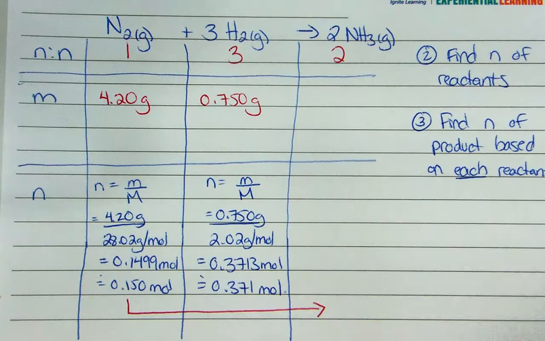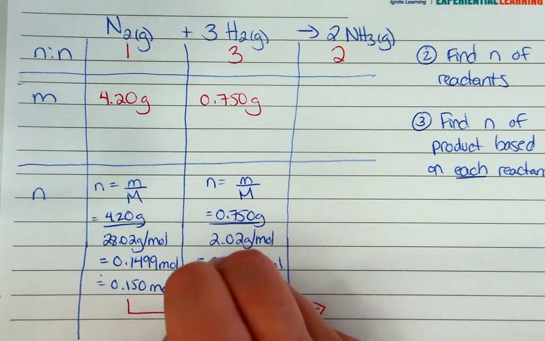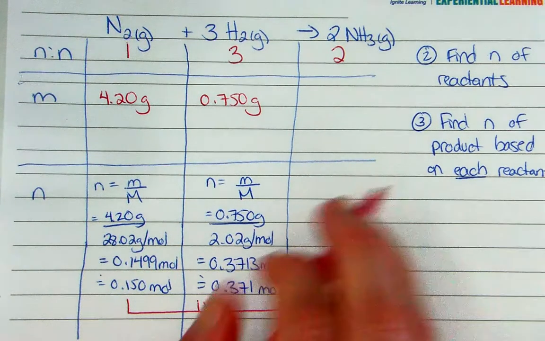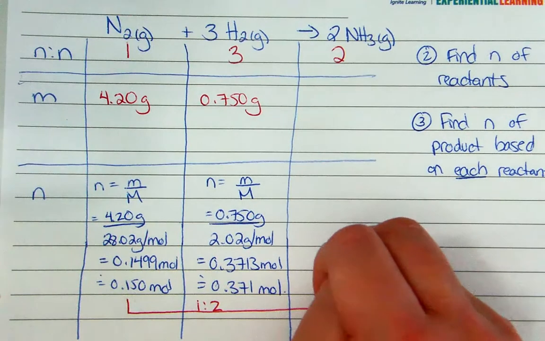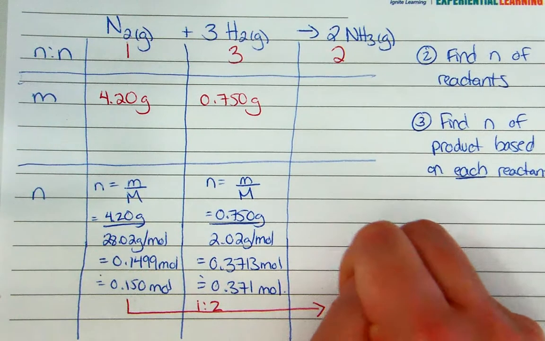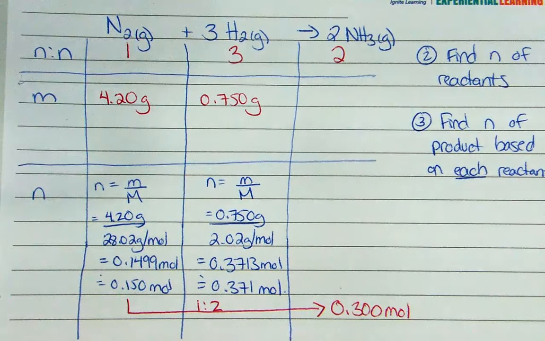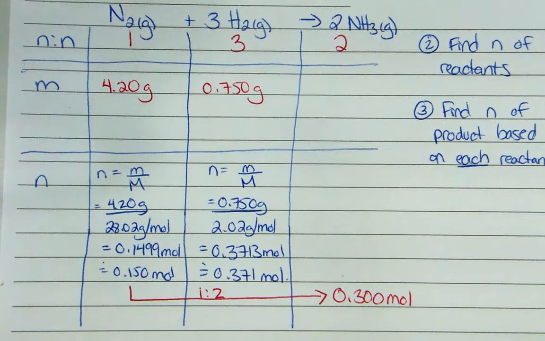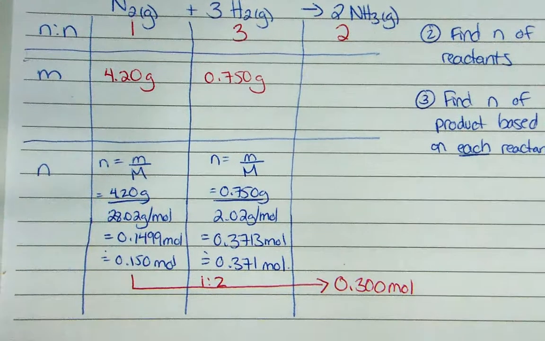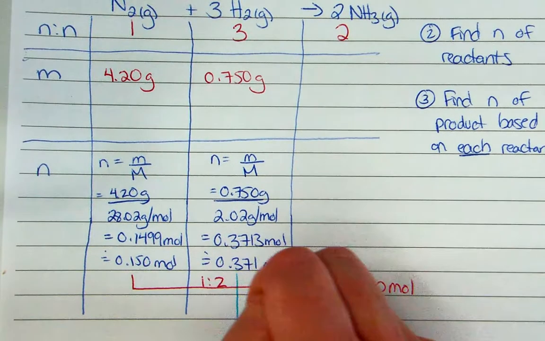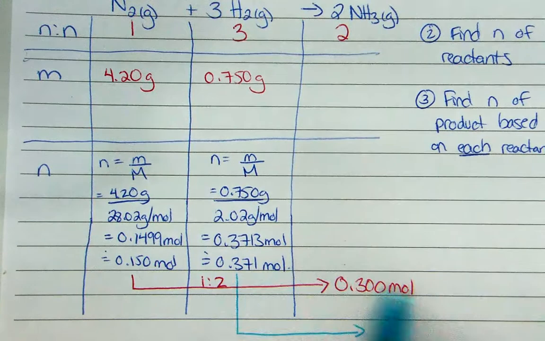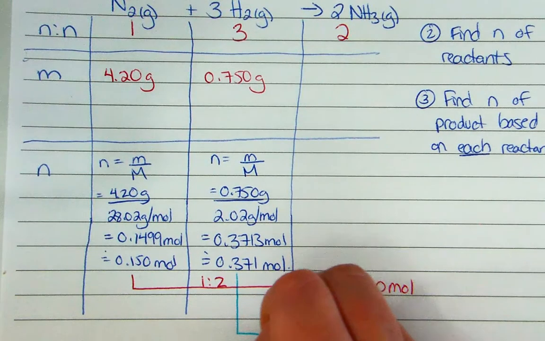So our mole to mole ratio for nitrogen to ammonia is 1 to 2. So that means we're going to end up with 0.300 moles of ammonia. Our ratio of hydrogen to ammonia is 3 to 2.